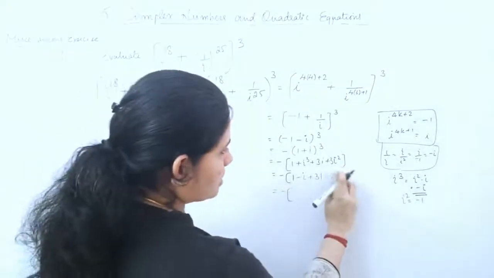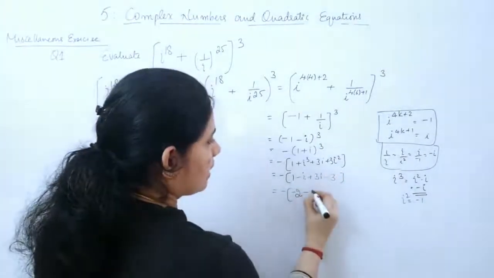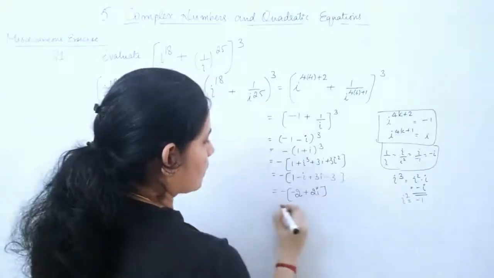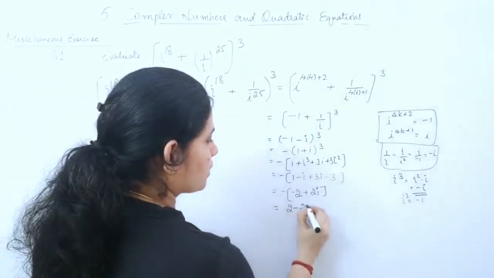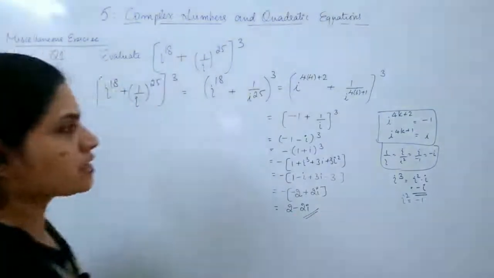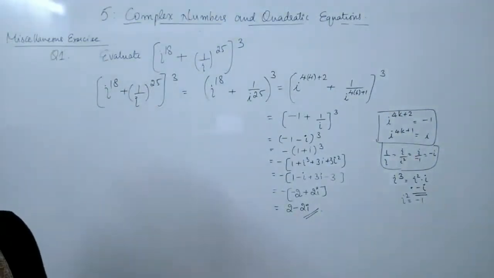So this will give you minus 2, and here you will have plus 2i, or else the negative taken inside gives you 2 minus 2i. Now evaluation means you have to make the answer in the form a plus ib.